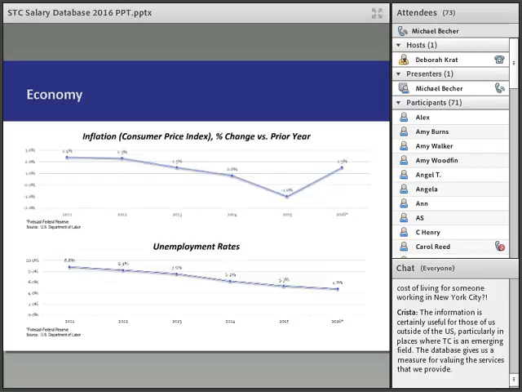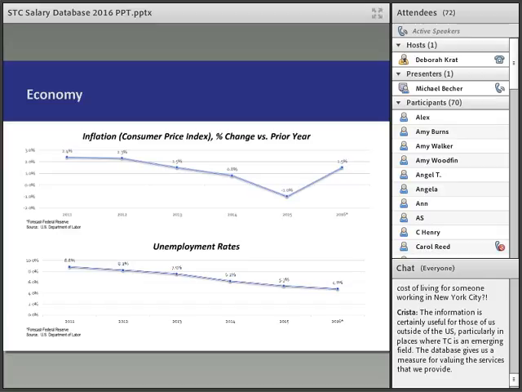Now getting into some inflation numbers. Inflation using the Consumer Price Index tells us the value of a dollar today versus the value of that same dollar the prior year. Essentially, they take a basket of goods, whether it be groceries or sporting goods and bikes or whatever it might be, and they look to see what it would cost to buy this group of products today versus the prior year.